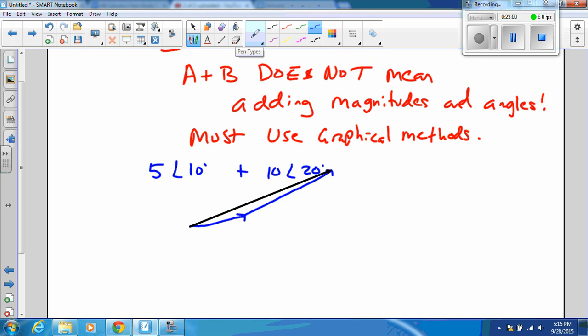And if I'm going to add them, I have to place them head to tail to make a triangle. And when I make that triangle and I connect, it should be really clear that the length of what I get here is not going to be 15. If this is 5 and this is 10, then this length right here has to be less than 15 because it is the other side of a triangle.